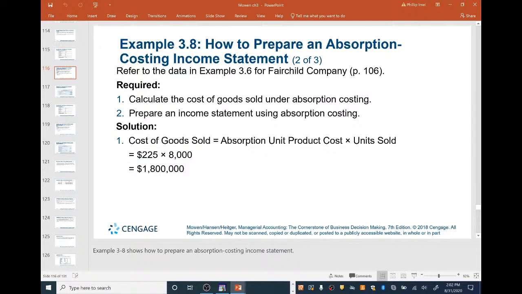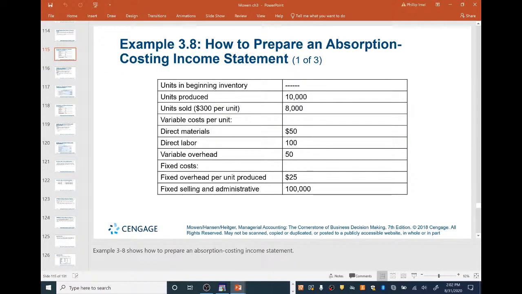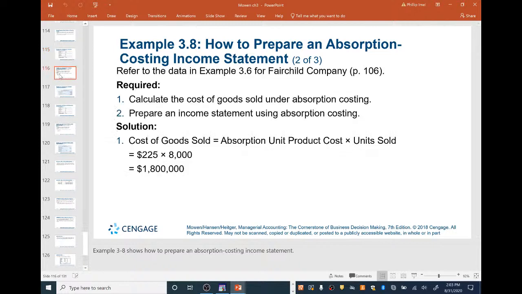Solution: cost of goods sold equals the absorption unit product cost, which we just found, the 225, times the units sold, 8,000.